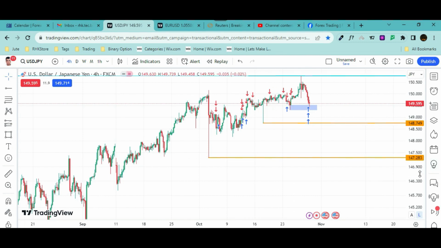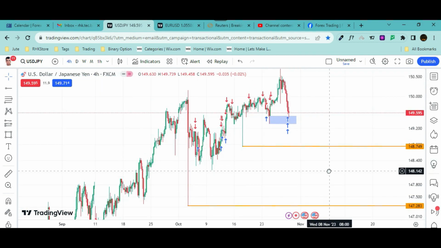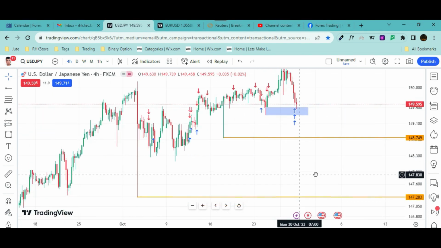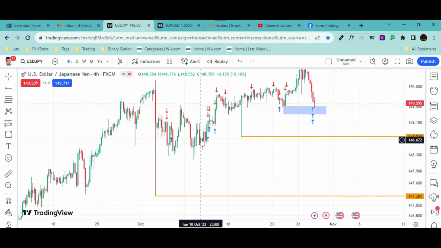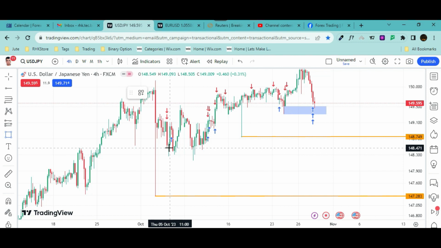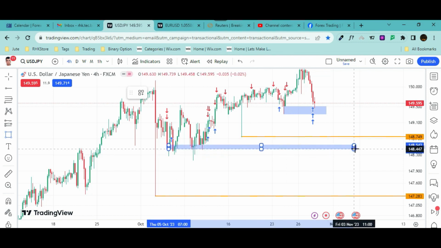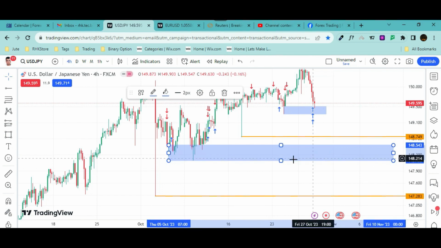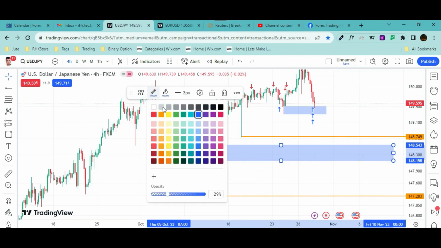But there is something that we should consider: there is a huge setback here. The price may come down to this zone. If we mark this as a zone, the price may start going upward and make a double bottom from here.